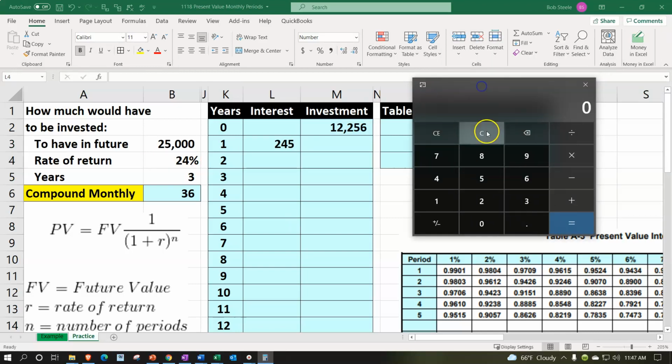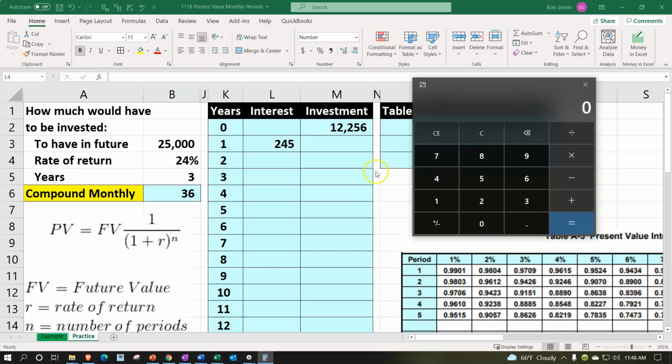And I think it's worthwhile to kind of look at this two ways. Note that if I was to do this in a calculator for a problem, I would do it this way: 12,256 about times 0.24, and that would give us about this. There's rounding involved. And then that would be for a year interest if that was for a year, but it's only for months. So divided by 12, that would be the monthly amount.